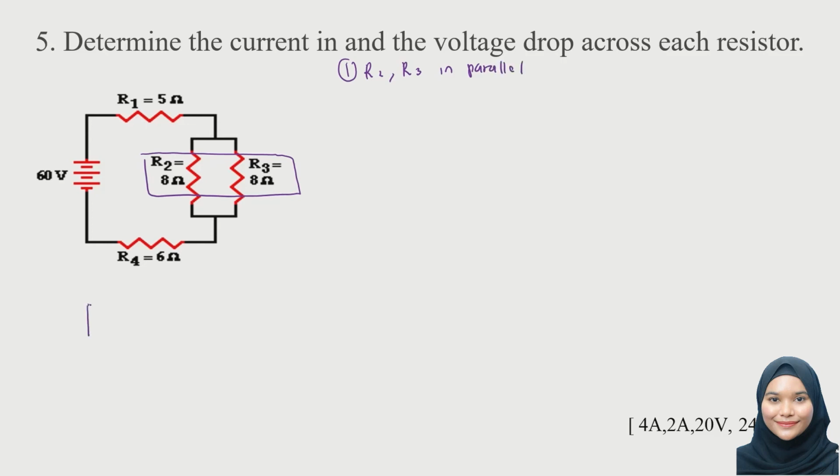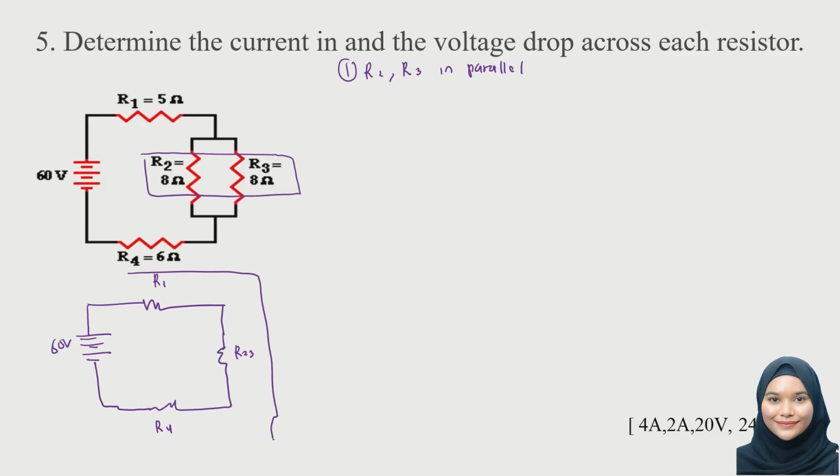So we will combine resistor 2 and resistor 3. Then we will get, here becomes resistor 2 and resistor 3. Here will become resistor 1. Here will become resistor 4. So resistor 1, resistor 2-3 and resistor 4 are in series.